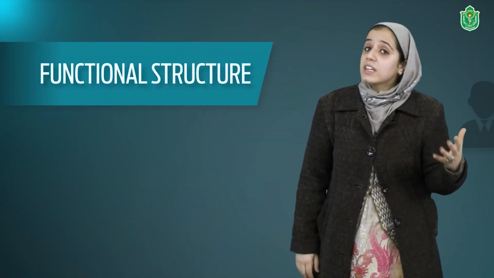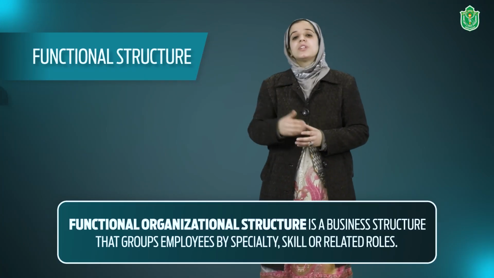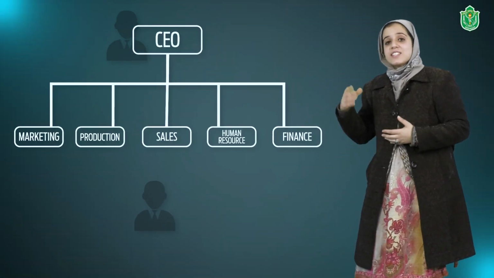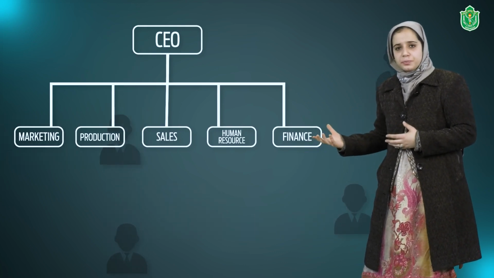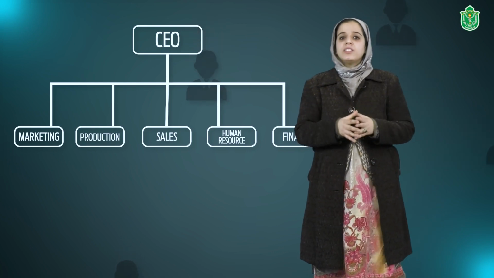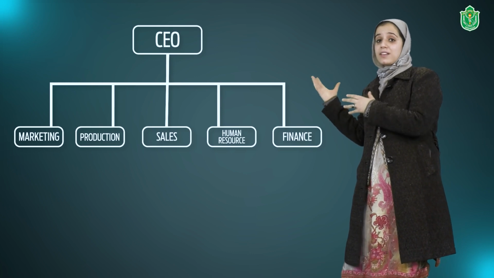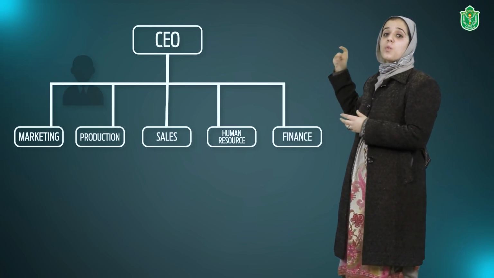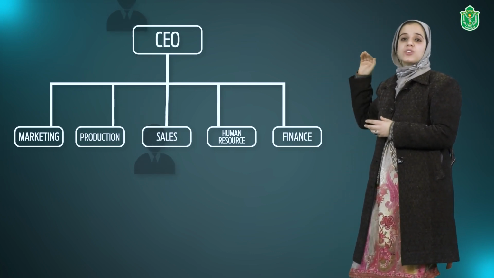Functional structure: in this structure, the organization is developed on the basis of the important functions being performed by the organization, that is purchasing, sales, finance, human resource. This diagram depicts the functional structure, wherein there is one coordinating head, that is the Chief Executive Officer.